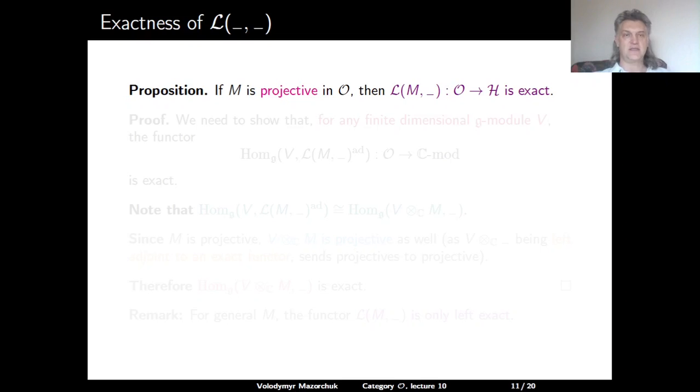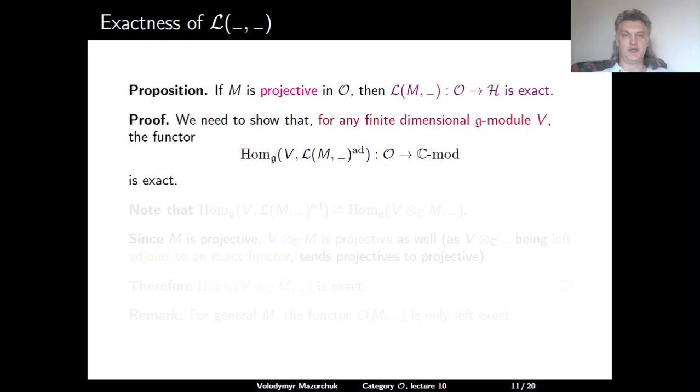The claim is that if M is a projective object in O, then the functor Lm blank from O to H is exact. What we need to show is that for any finite dimensional G module V, the functor which assigns the multiplicity of V in the adjoint G module Lm blank must be exact.